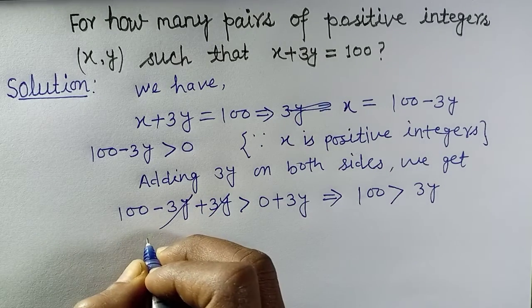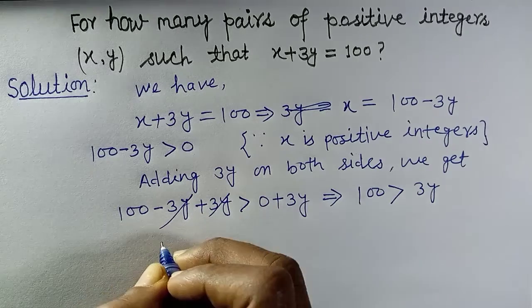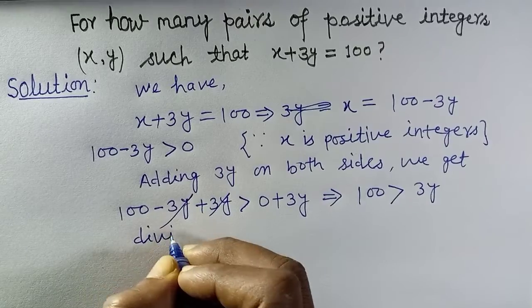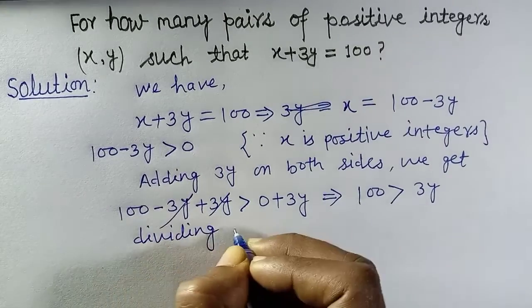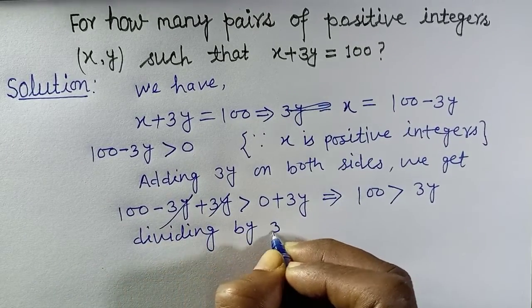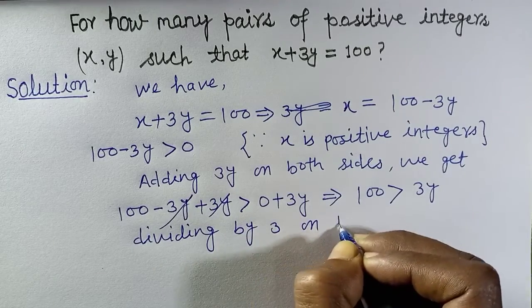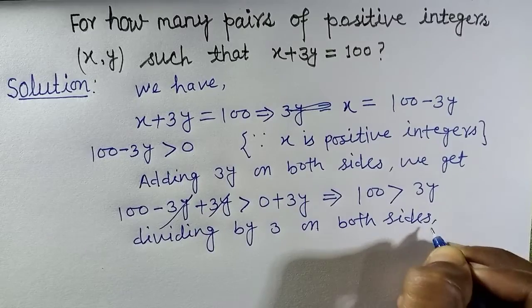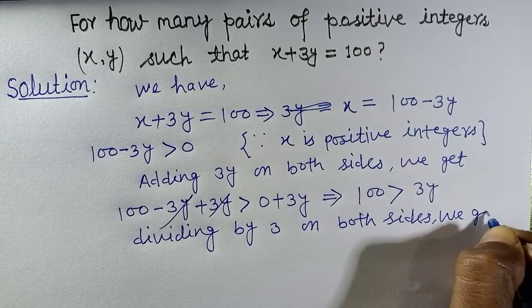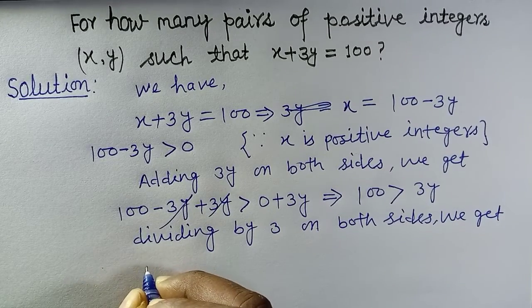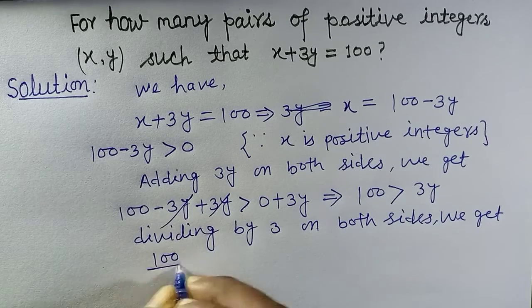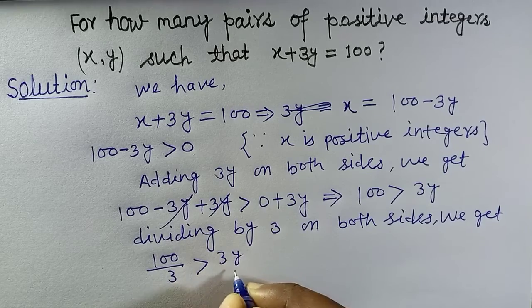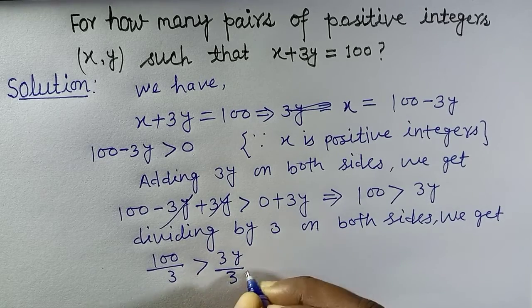So now dividing by 3 on both sides, we get 100 over 3 is greater than 3y over 3.